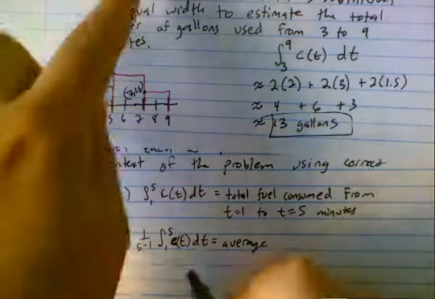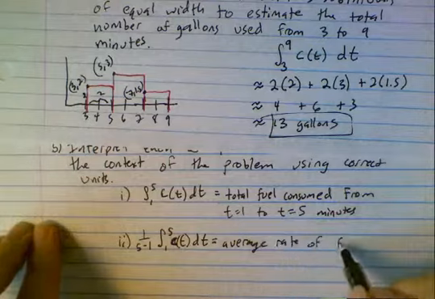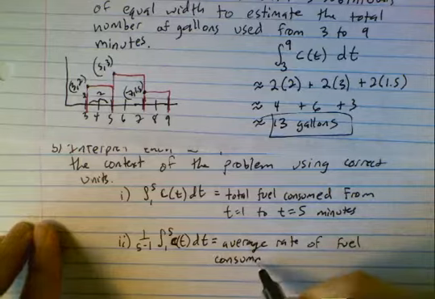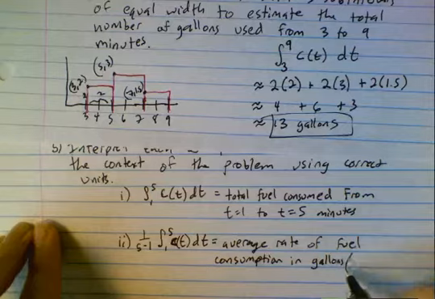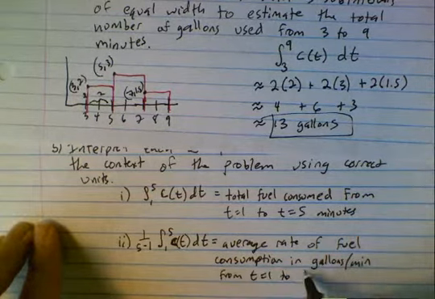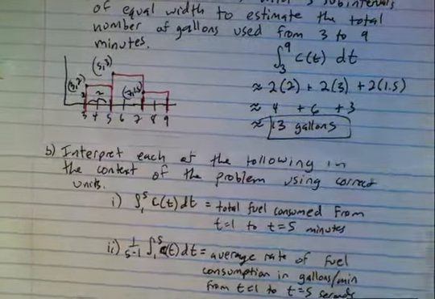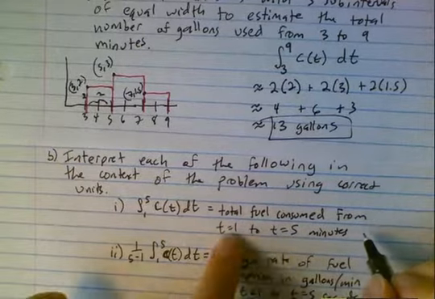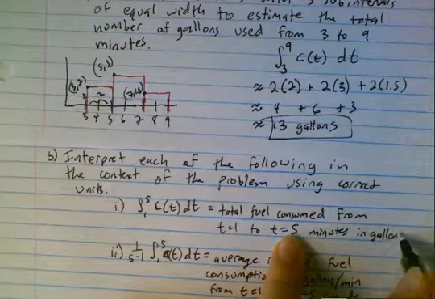C of t is the rate of fuel consumption of the tank, in gallons per minute, from t equals 1 to t equals 5 minutes. And I made one of the errors that is very easy to make. I did not put my units here. Total fuel consumed from t equals 1 to t equals 5 minutes in gallons.